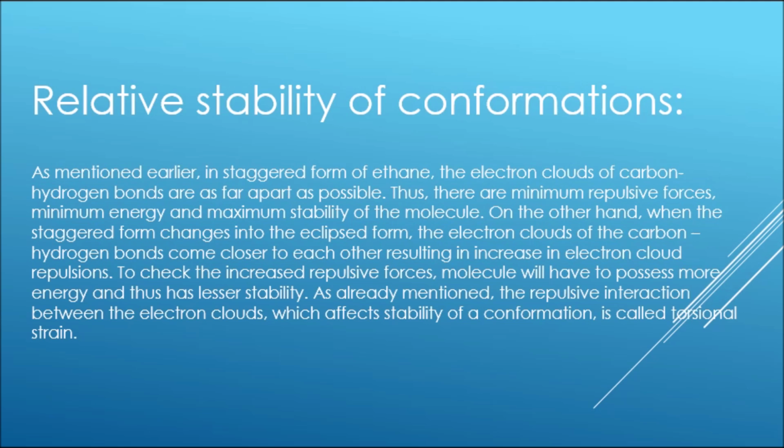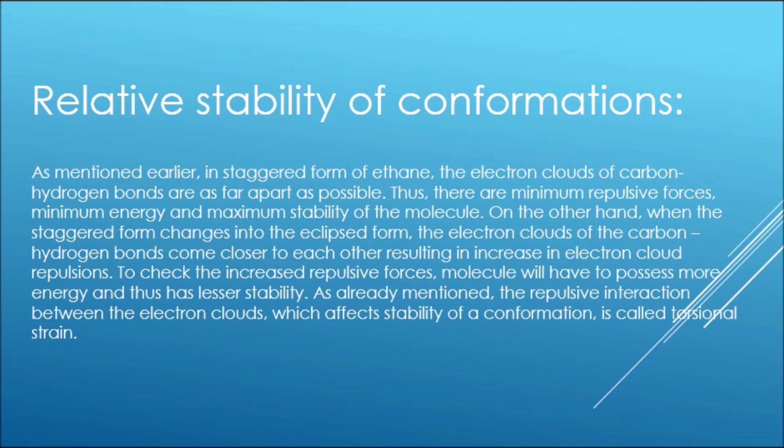On the other hand, when the staggered form changes into the eclipsed form, the electron clouds of the carbon-hydrogen bonds come closer to each other, resulting in increase in electron cloud repulsions. To check the increased repulsive forces, molecule will have to possess more energy and thus has lesser stability.